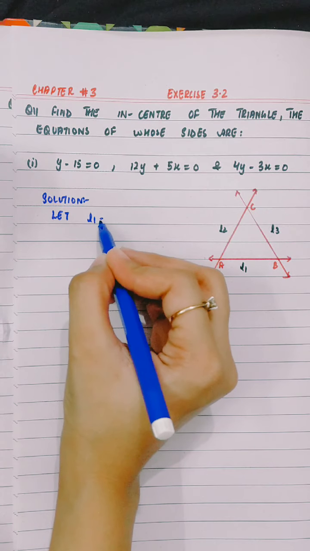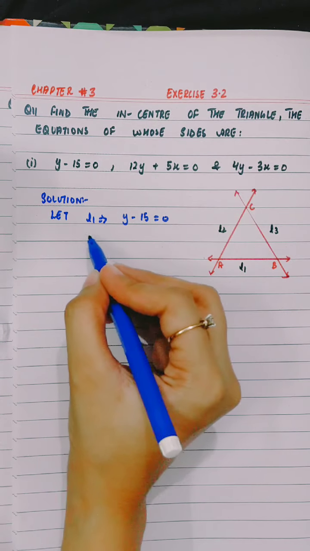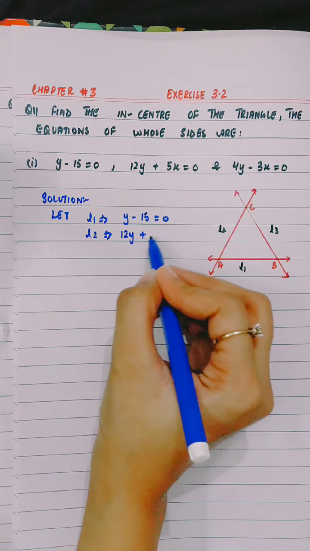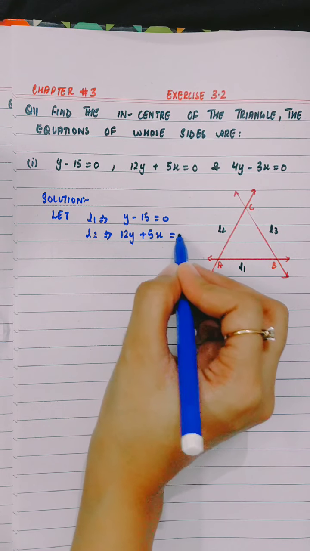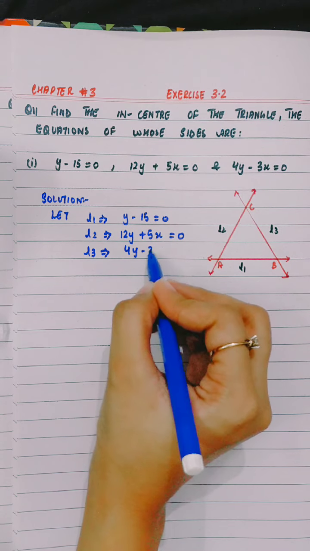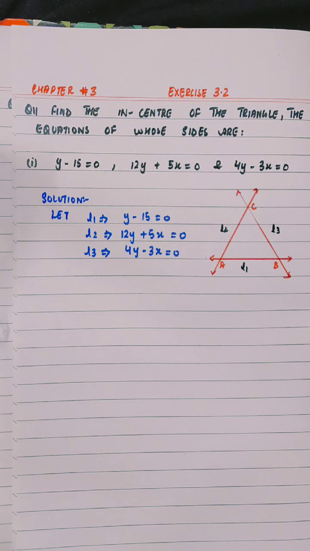Let L1: y minus 15 equals to 0, L2: 12y plus 5x is equals to 0, L3: 4y minus 3x is equals to 0.